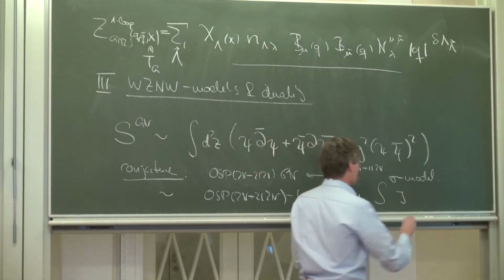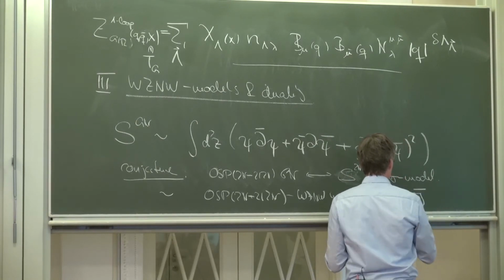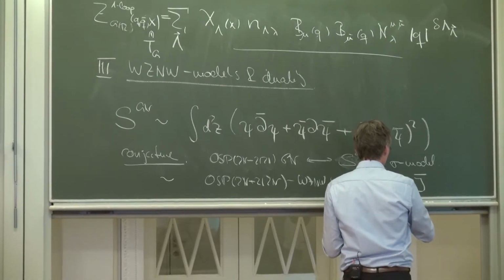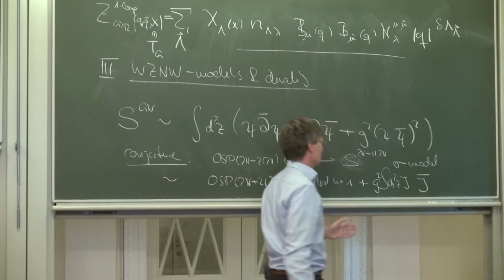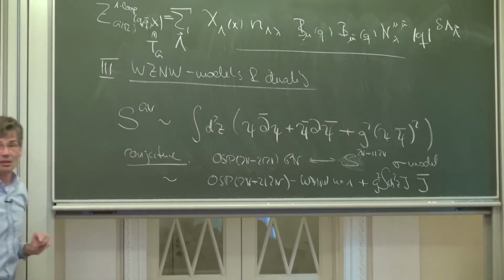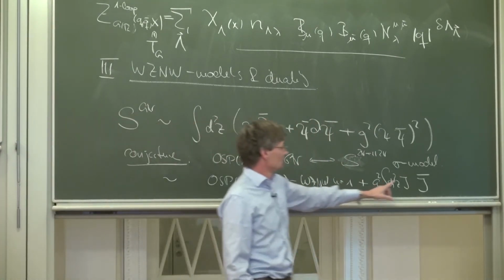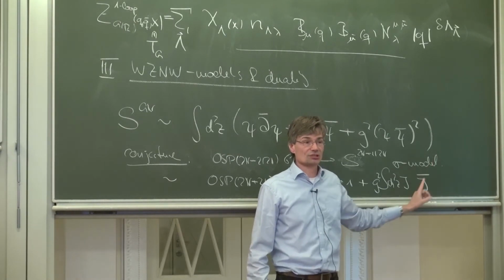Okay, so I wrote them with capital J and J bar. So it's a current-current deformation, and here you sum over all degrees of freedom, all the directions in G.